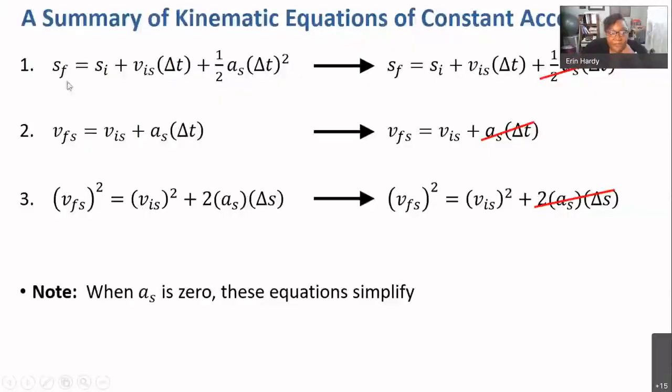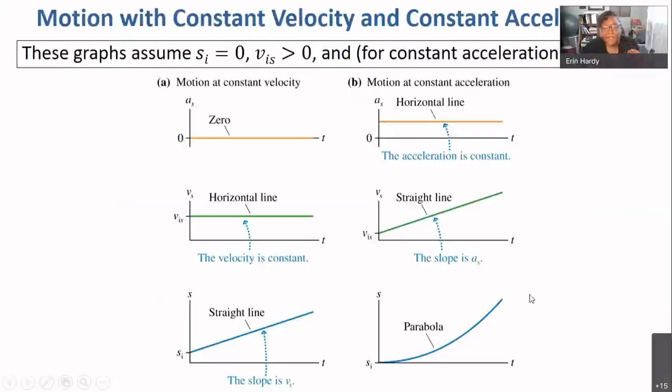So if you are looking for the one that is more appropriate to commit to memory, commit the one on the left to memory, because you can always turn it into the one on the right whenever a_s is equal to 0. We have some problem solving coming up so that we can see how these work in practice.